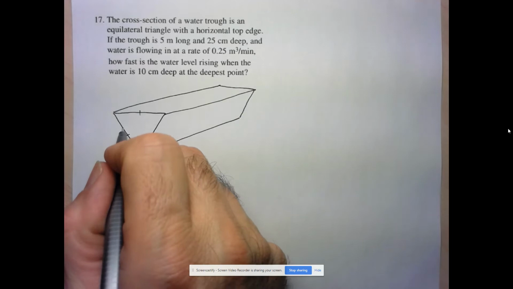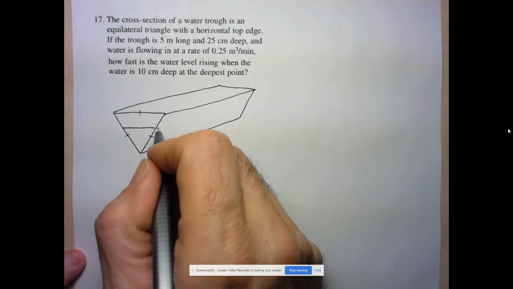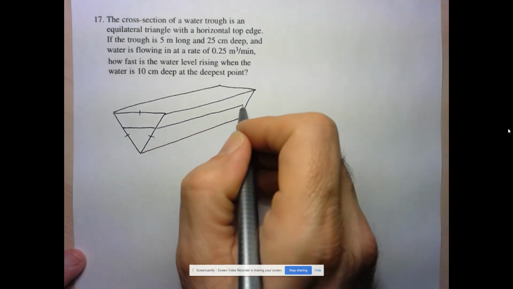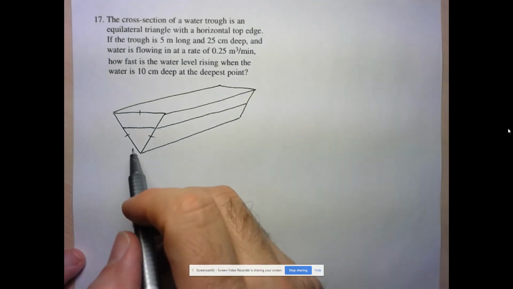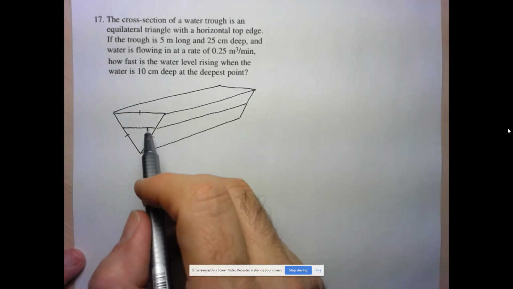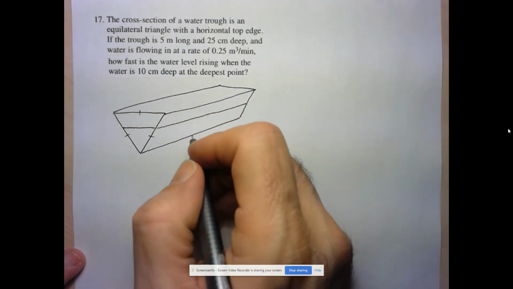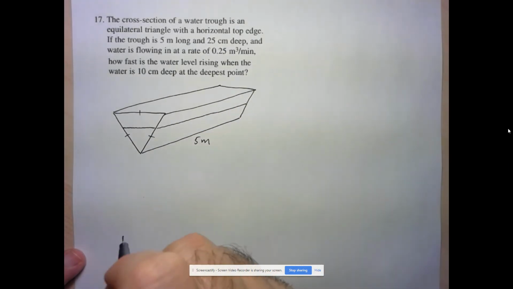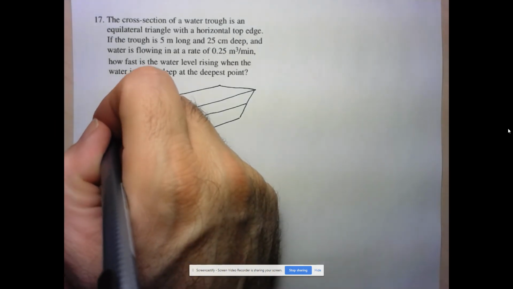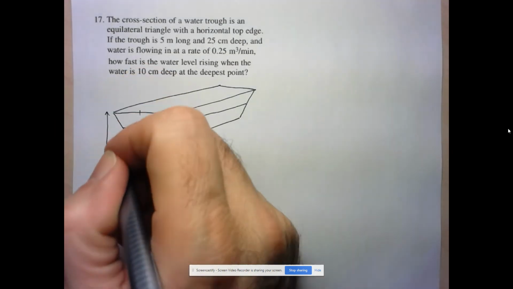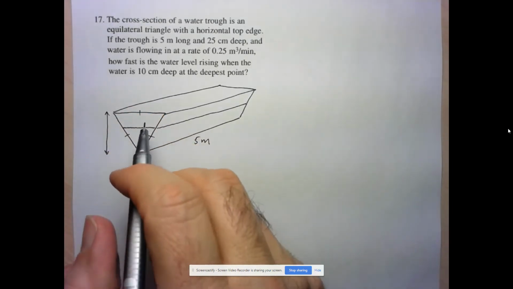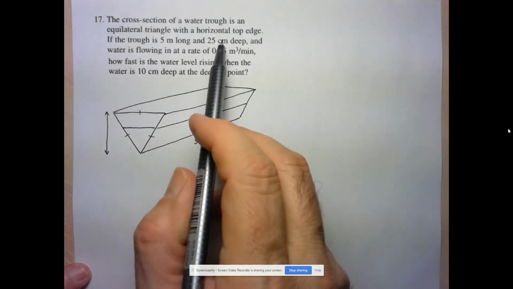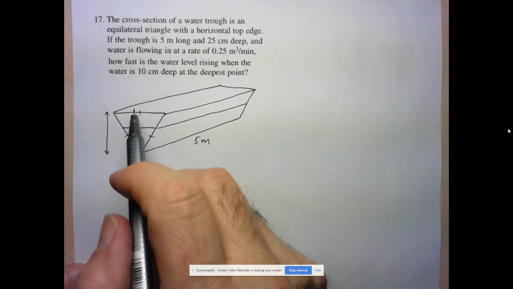As water pours in, the shape the water takes is itself going to be a smaller triangular prism. Obviously the base is going to be smaller, but it's still going to have this length of 5 meters. They tell us the depth is 25 centimeters, and that's when I realized I've got different units here and have to decide what to work with.